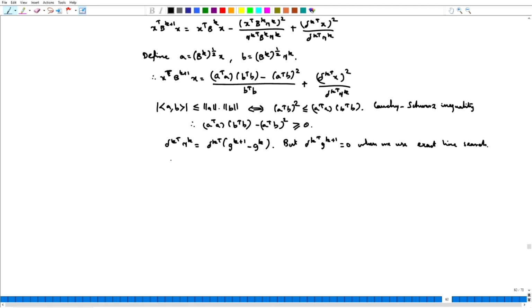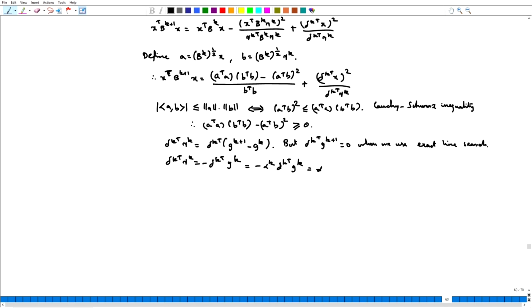Now, delta_k transpose gamma_k is just minus delta_k transpose g_k. But note that delta_k is actually alpha_k d_k. So, we have minus alpha_k d_k transpose g_k, but d_k is minus B_k g_k.